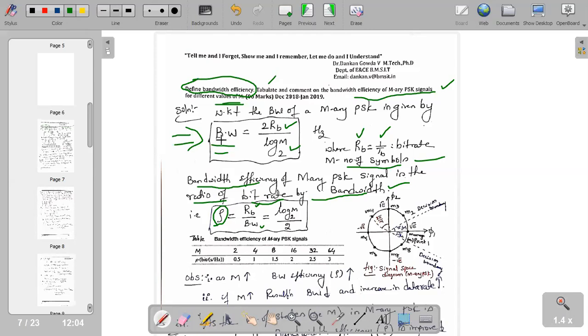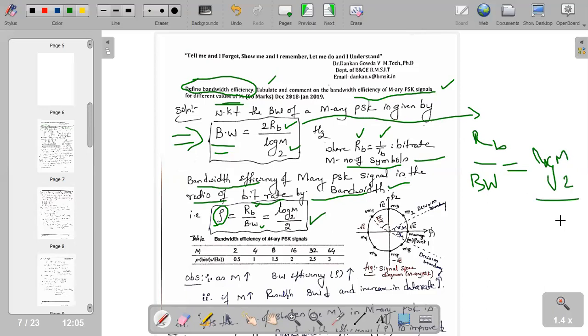Now please observe, from this expression you can write RB divided by bandwidth. If you take the bandwidth to the other side, and take the log M base 2 to the left side and simplify, we get log M base 2 whole divided by 2.